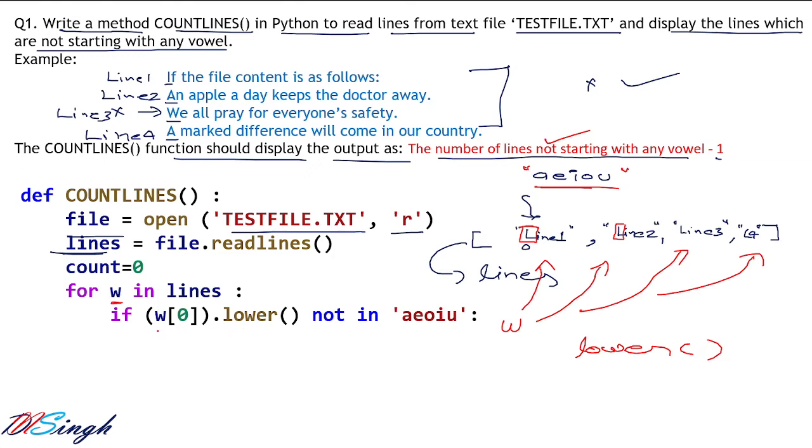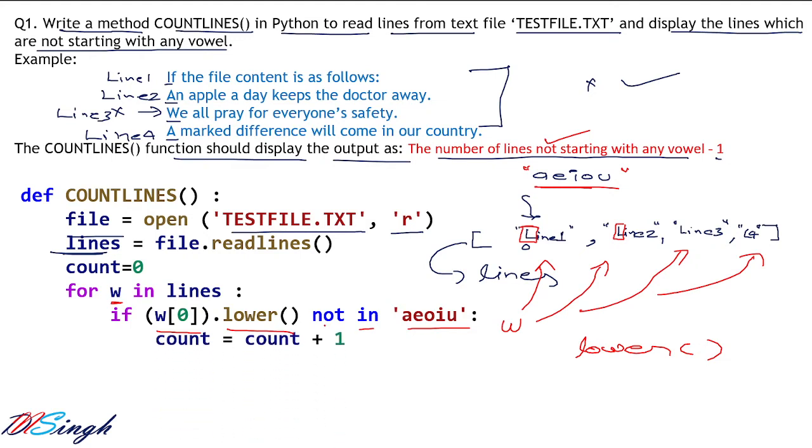It is saying if w of 0, whatever it is, then convert it in lowercase and check it. If it is asked in the question that you need to display those lines which are starting with vowels, then we will use the operator called in. But it is asking which are not starting with vowels. So what we will do, we will utilize this operator called not in.